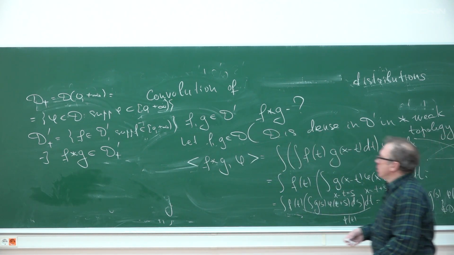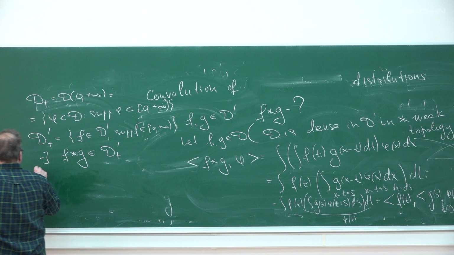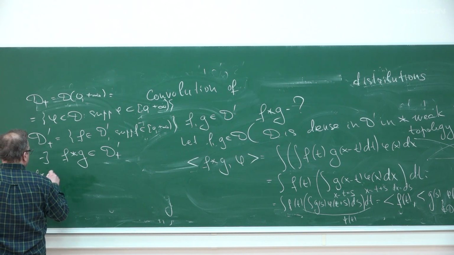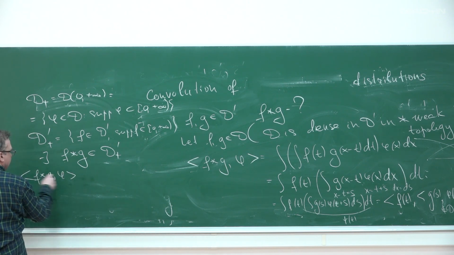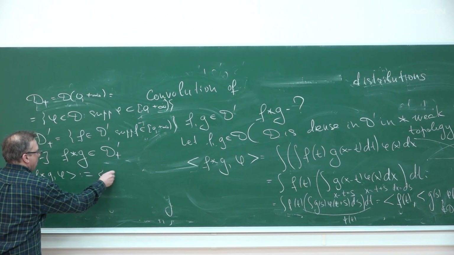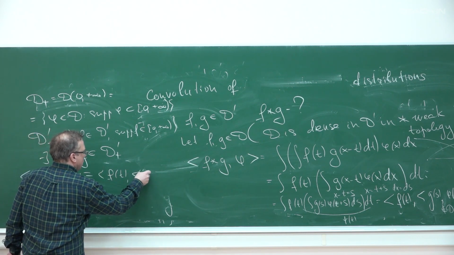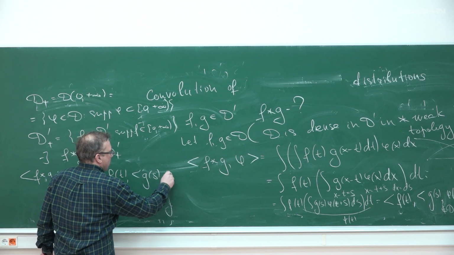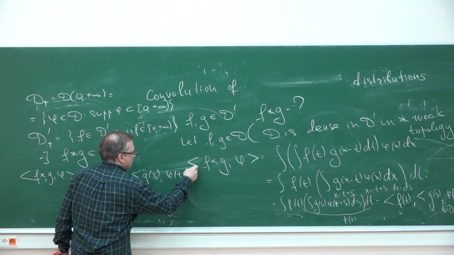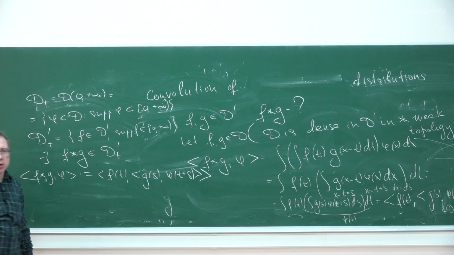And the definition: we take F and G acting on phi, the definition is F of T, G of S, phi of T plus S. That's a definition.